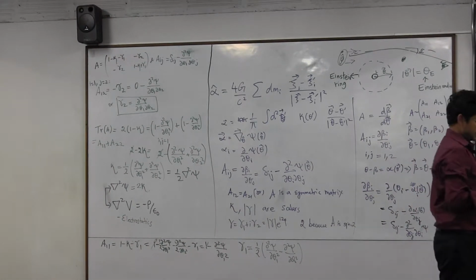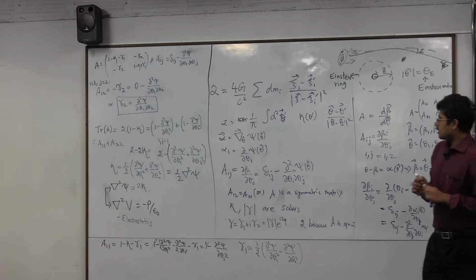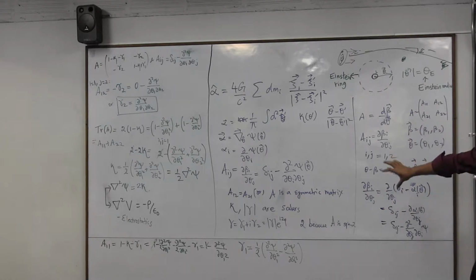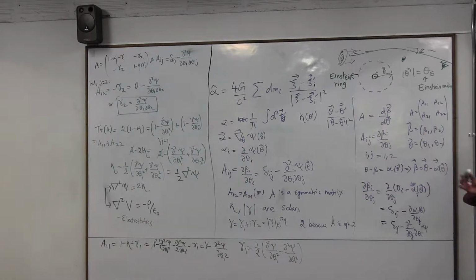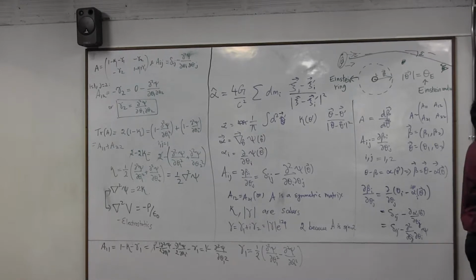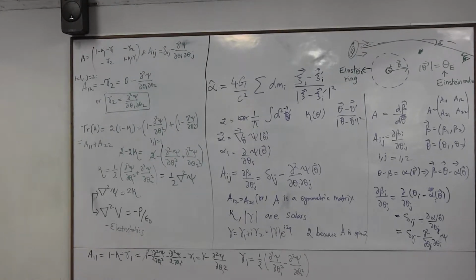So in terms of this, you can see that so many quantities can all be written in terms of this one lensing potential psi. So if I give you psi, all you have to do is appropriate differentiation, and you end up with many different quantities. So kappa is half.